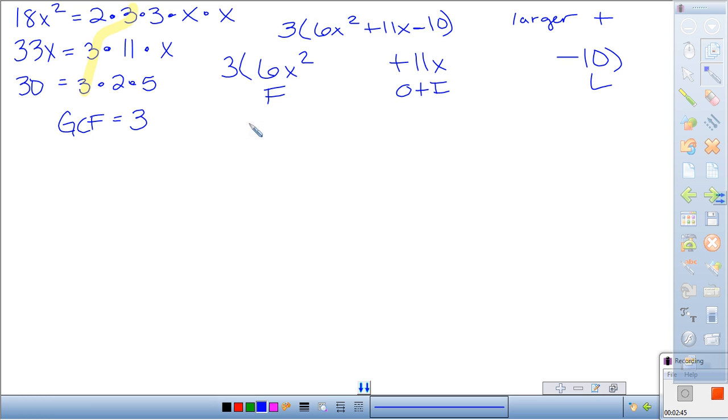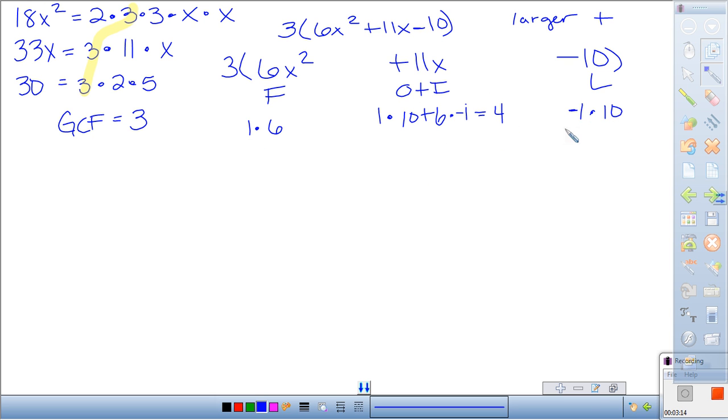So I'll start with 1 times 6, then 1 times 10. And remember, we want our larger number to be positive, so I'll put the negative on the 1. So I have outer 1 times outer 10 plus inner 6 times negative 1. 1 times 10 is 10, 6 times negative 1 is negative 6, and 10 and negative 6 gives us a positive 4.